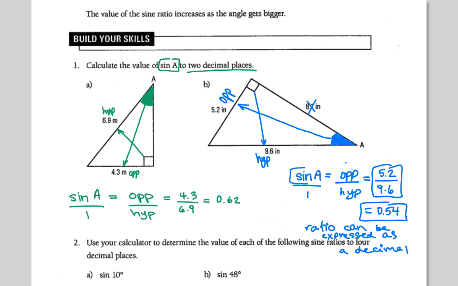And it's determined by this thing called sine. Opposite divided by hypotenuse. You could also do cosine and you could also do tangent.